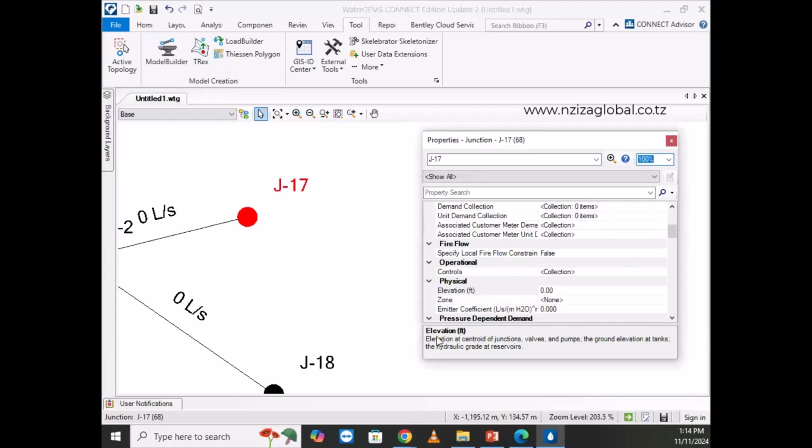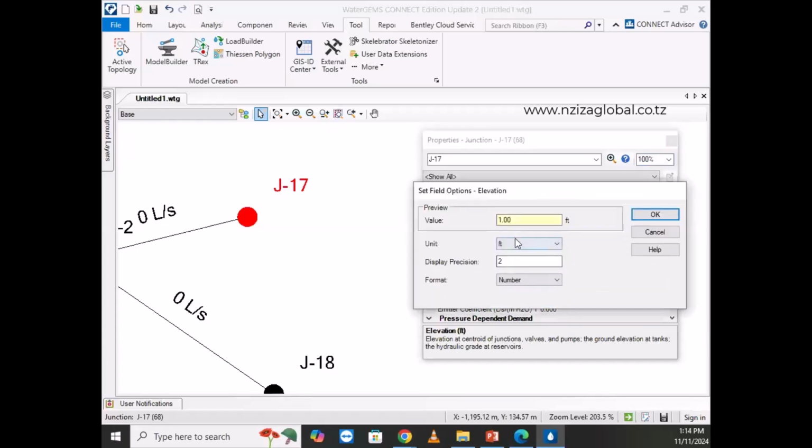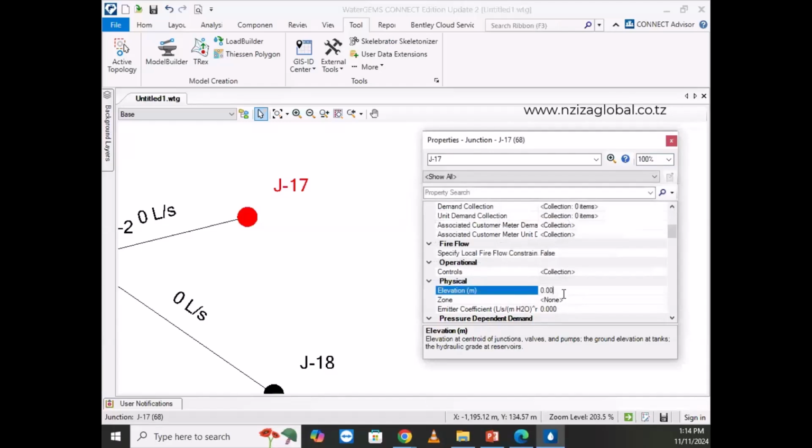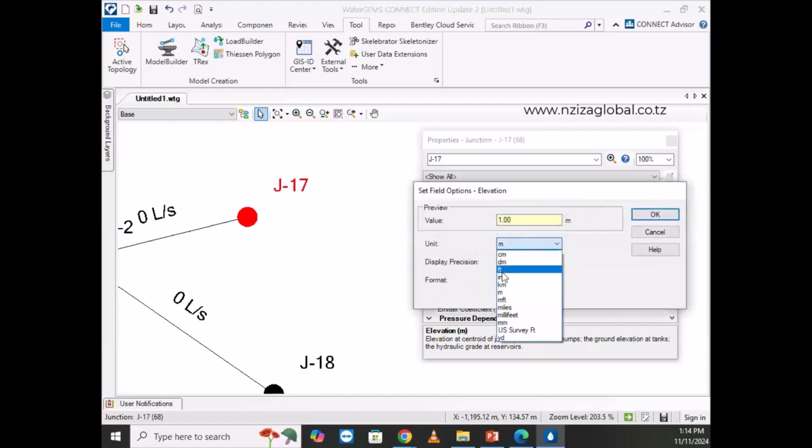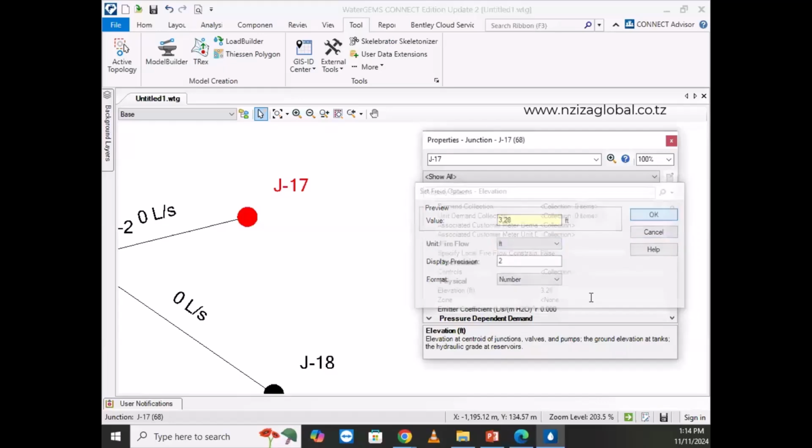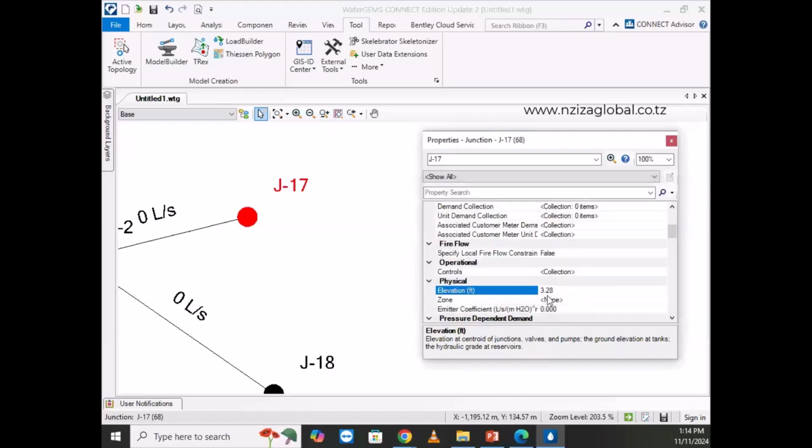For example, I want you all to understand here. If my elevation was 1, and I change this to feet, it will immediately change 1 into feet. It will calculate.